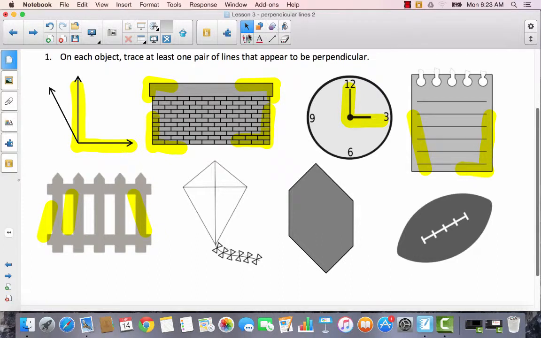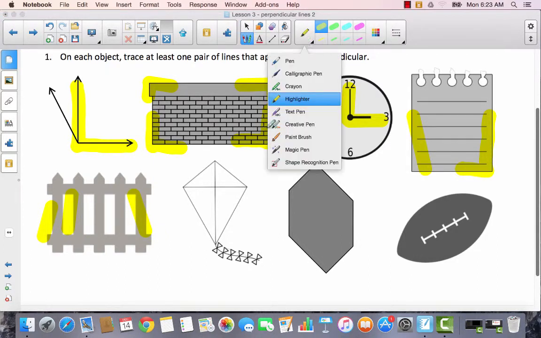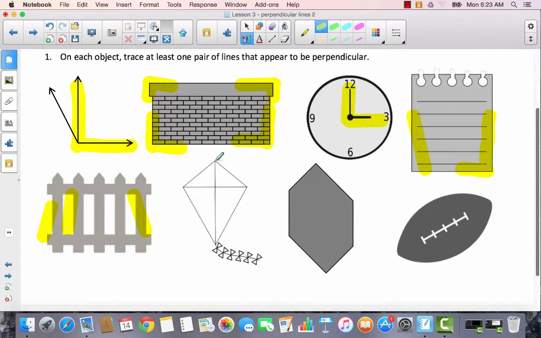Okay? All right, now let's take a look at the kite. Now on the kite, these create perpendicular lines. Now when I look sideways, these almost look like perpendicular lines, but if I put my right angle template in there, I'm pretty sure that these are actually obtuse angles. Now when I look at this one, at first, my first thought is I don't see any.